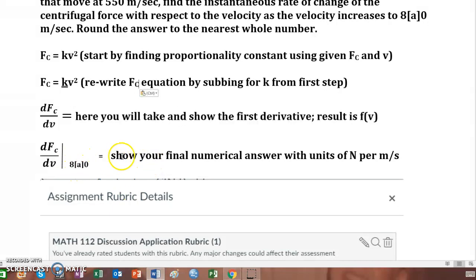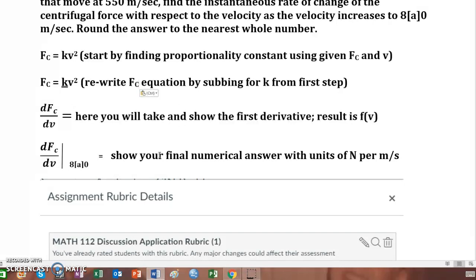And the key thing here is make sure you show your final answer with the correct units. If you just look at the numerator and the denominator, it should be very clear that the units on your final answer will be newtons per meter per second.